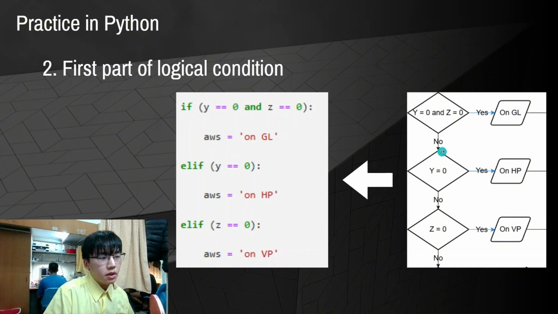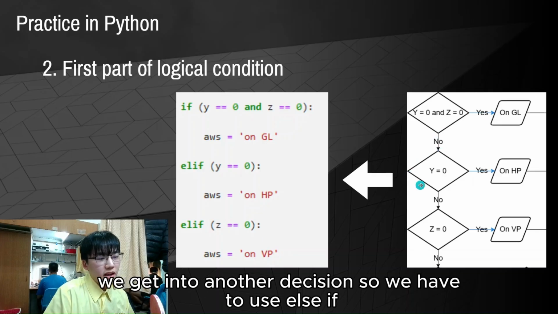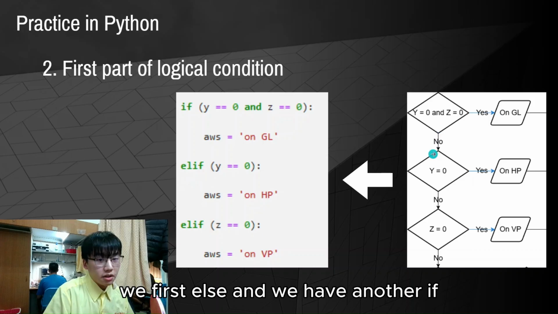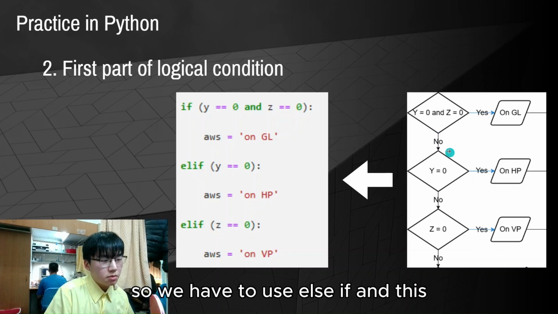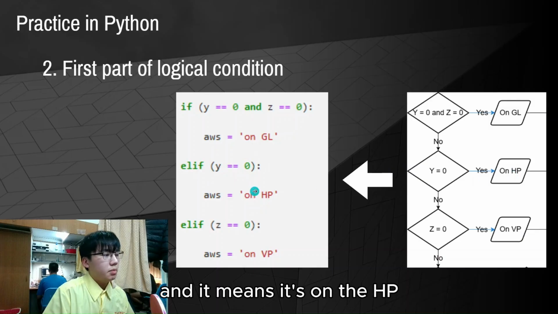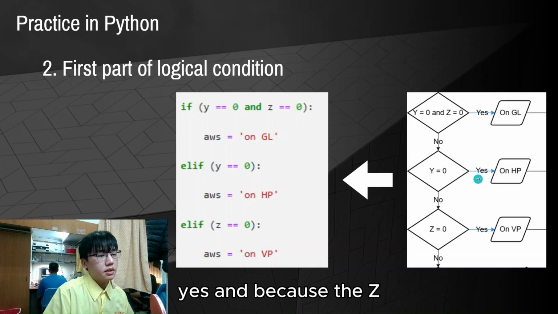If no, else, we get into another decision. So we have to use else if, not if, because we first have an else and then we have another if. And if this fits the condition, like y equals 0, it means it's on the HP.